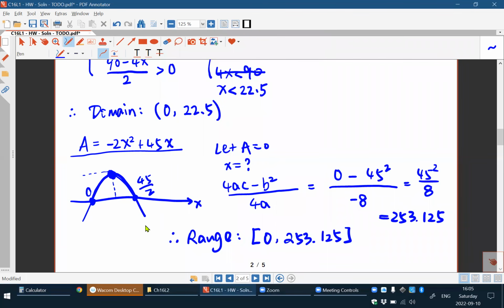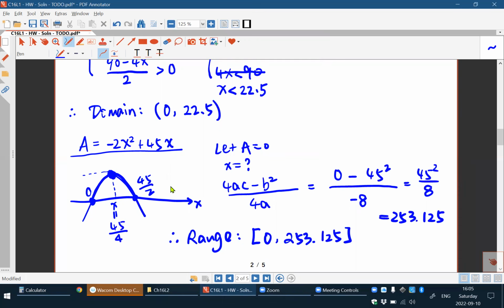Okay, and the second way to find the y coordinate of this number is to put the x here into this expression, right? So what is the number here for x? This is the midpoint of these two points, right? So that's 45 over 4.